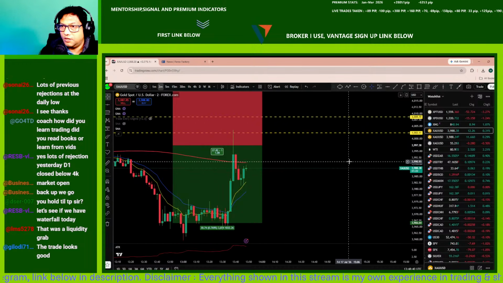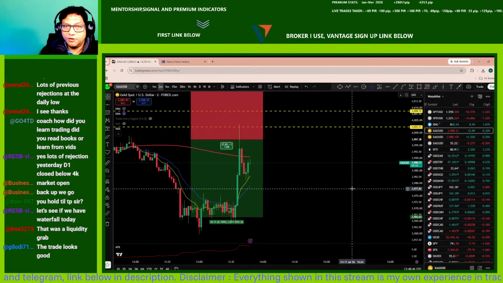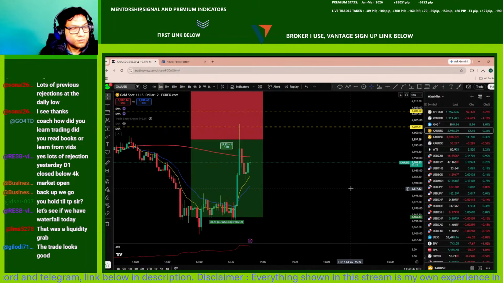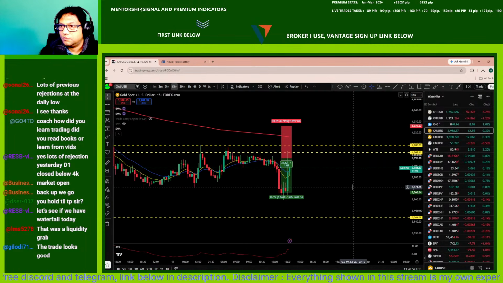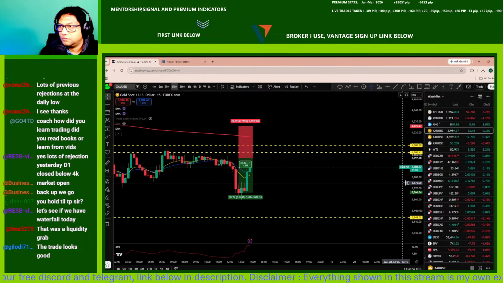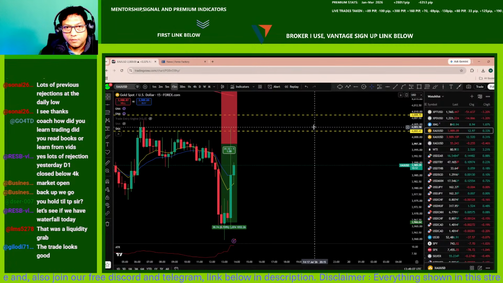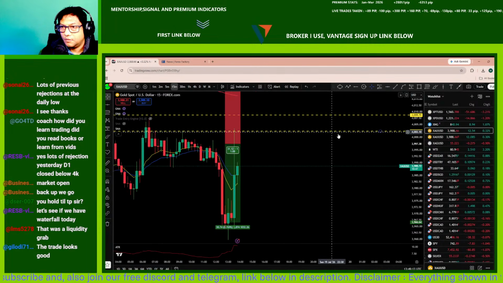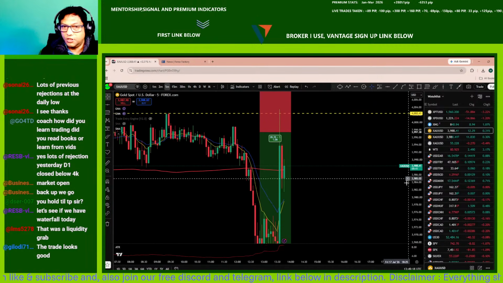Because there is a significant liquidity sweep here, and a fair value gap that you can see at this level. All right, there is another 5 minutes candle.